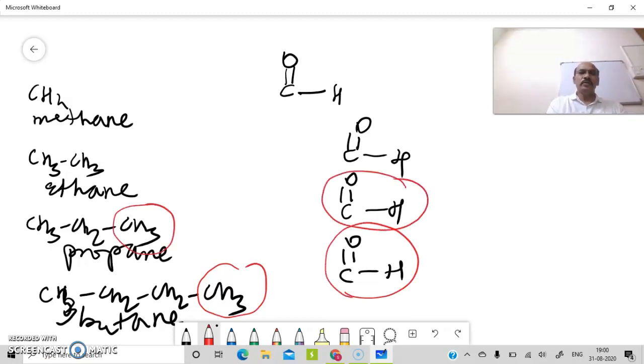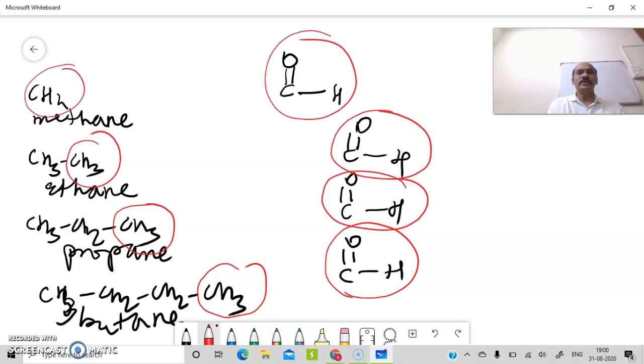I am changing this to this, and this I am changing to this. So what are the remaining parts and remaining valency? 1, 1, 1 and 1.